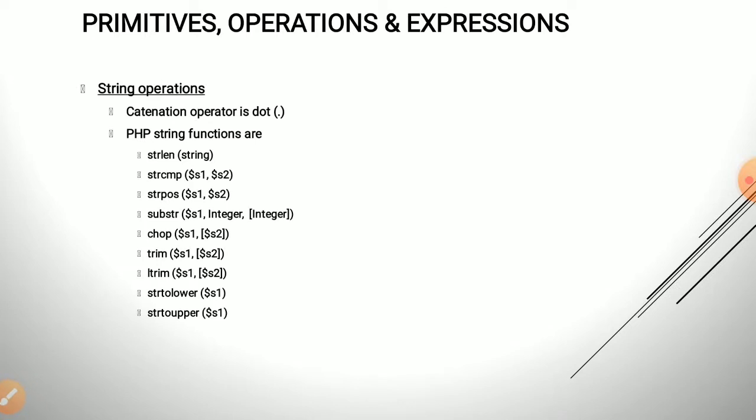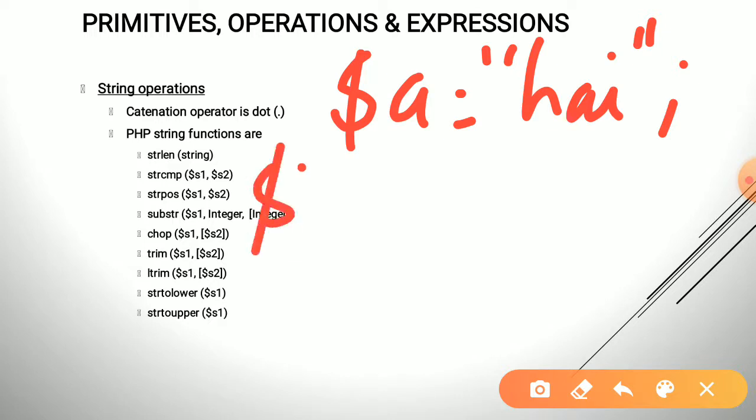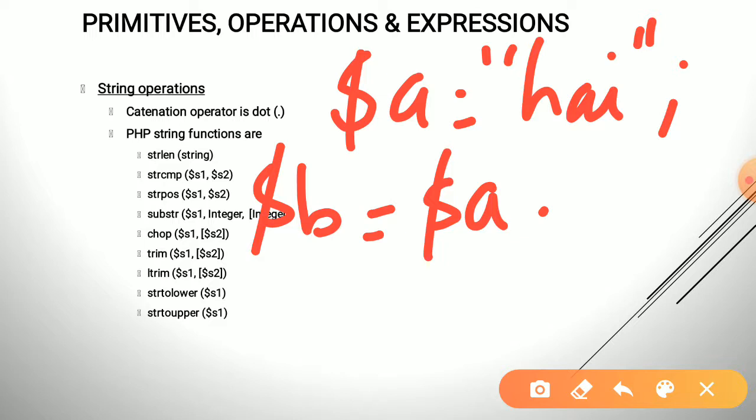Now the next one is string operations. The concatenation operator used in PHP is the dot operator. It combines multiple strings. For example, suppose $a equal to the string hi, and suppose I write $b equal to $a dot friend.